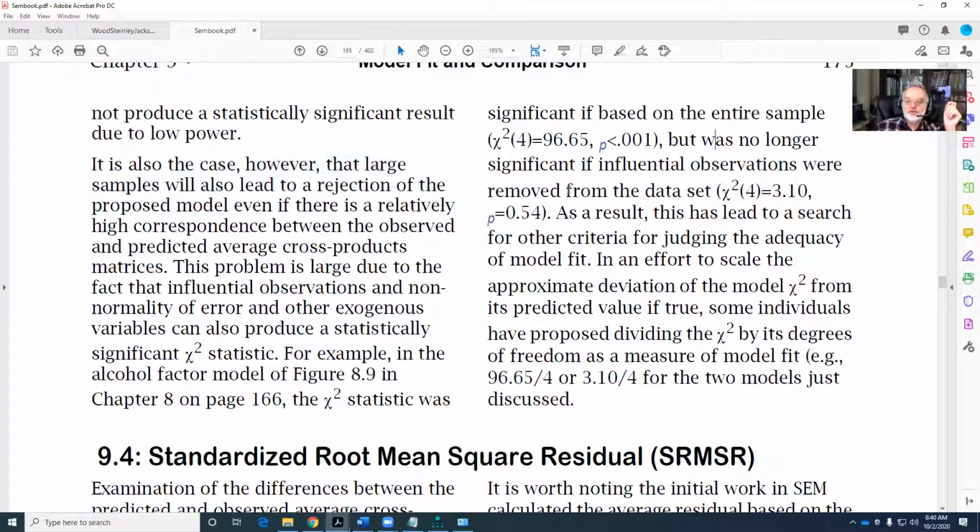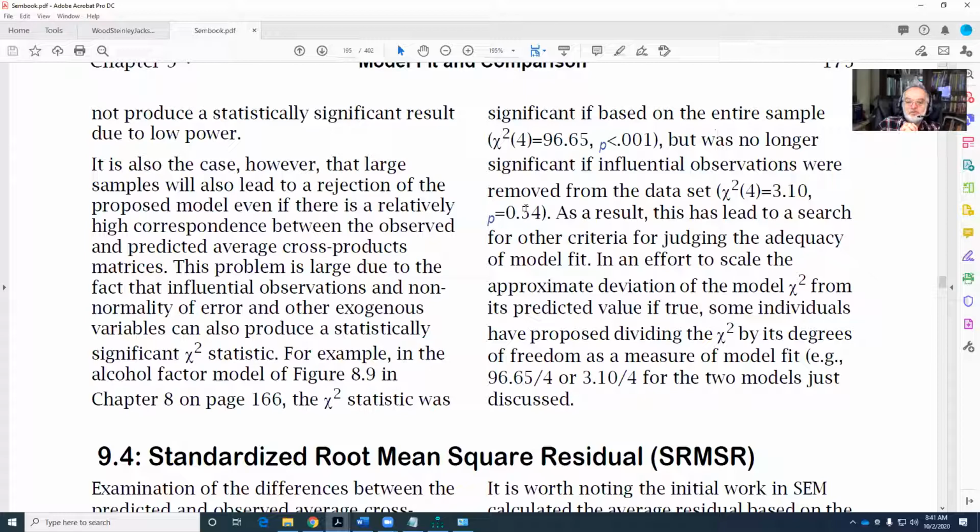In this particular data set, notice that we had a significant chi-square, but if I throw out the influential observations, all of a sudden now my chi-square goes down to 3, and it's no longer significant. So as you're looking at this, you can't just interpret that standalone chi-square. Maybe small departures from normality are also giving you a significant chi-square.